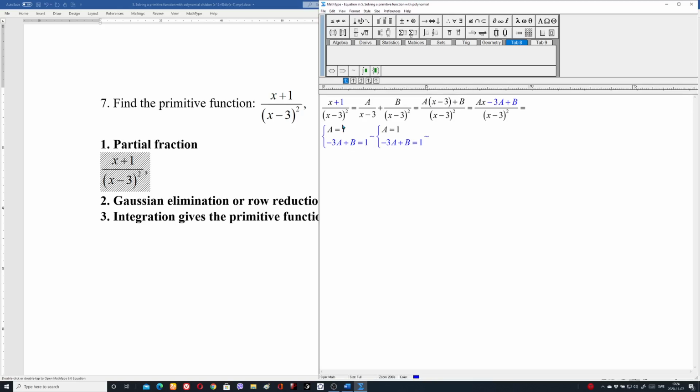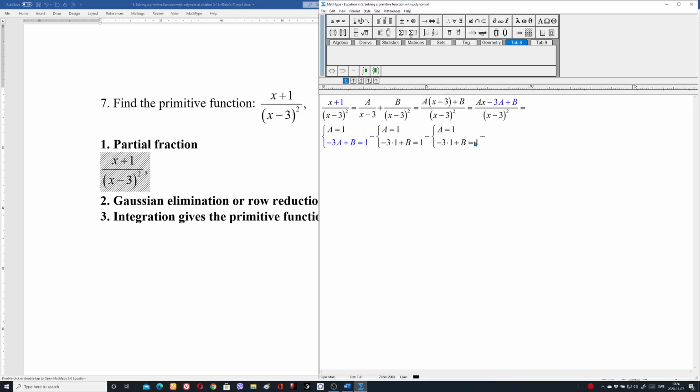I will put here, instead of a, 3 multiplied by 1, and now I can solve this equation here. Minus 3 multiplied by 1 is the minus 3.